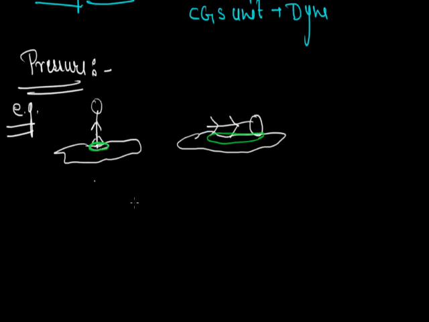So, we can observe that contact area in first case is smaller than area in second case. But pressure, meaning the effect of this thrust, the effect of the weight of the body, will be greater in the first case than the second case.